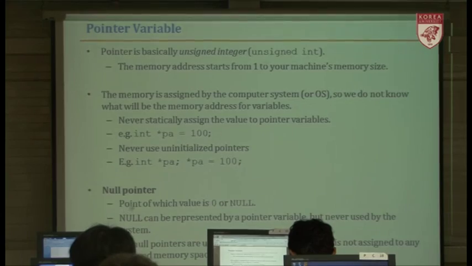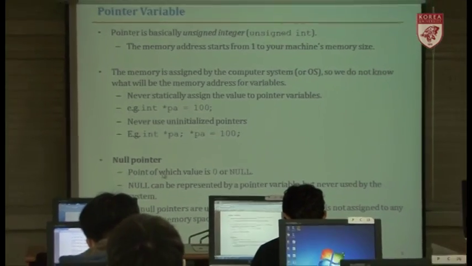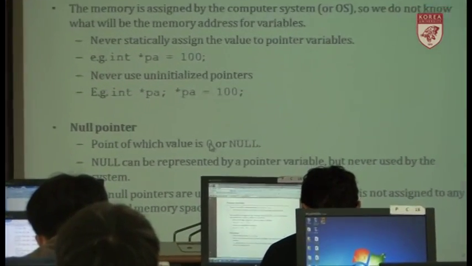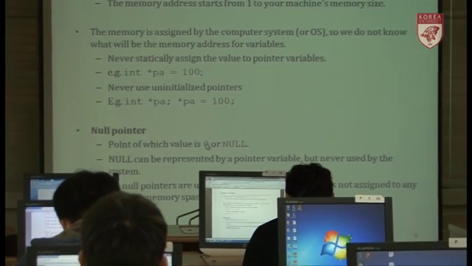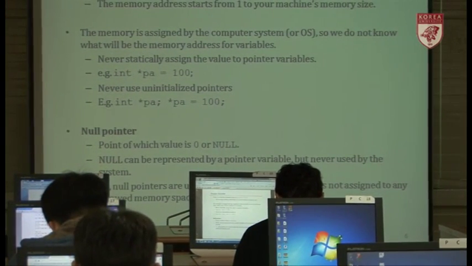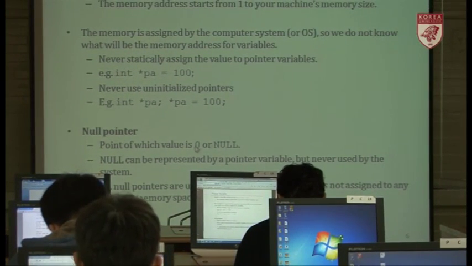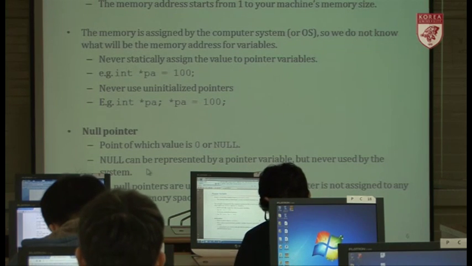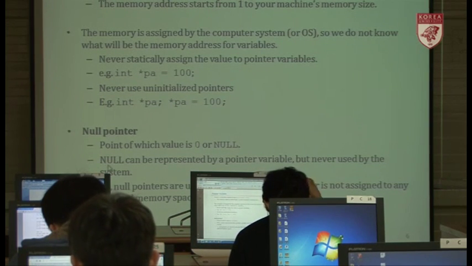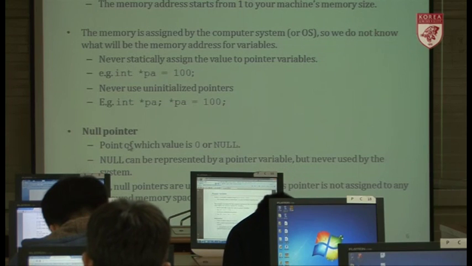A null pointer is a pointer whose value is 0. The memory address is 0 itself, or NULL. So NULL is equal to 0, actually. This null pointer can be represented by any pointer variable, but address 0 is never used in any system.